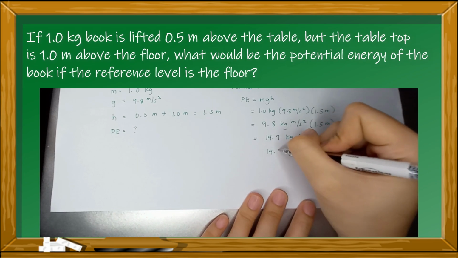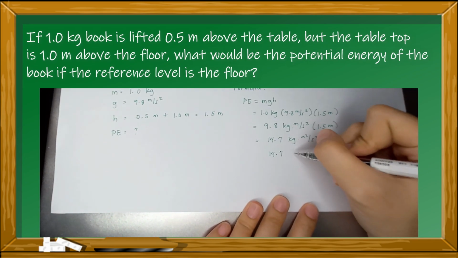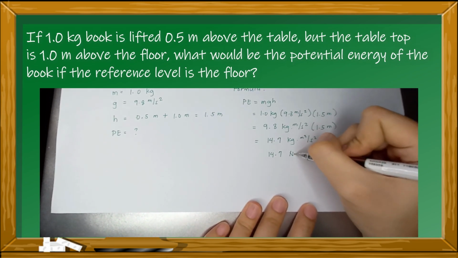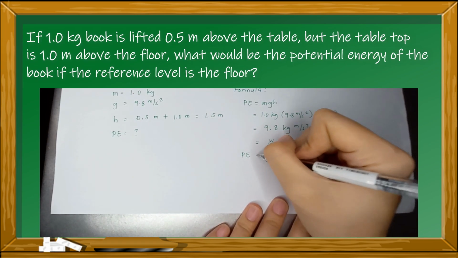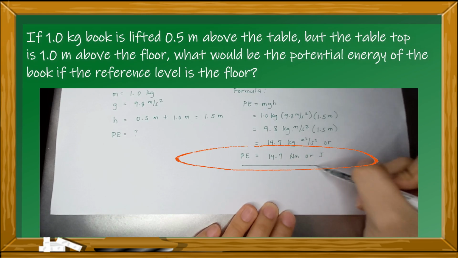Or, the answer is 14.7 Newton meter or joules. So that is the total potential energy of the book.